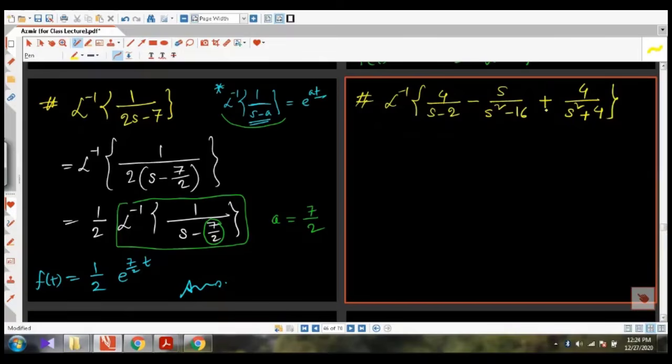Okay, let me make it complicated. So we have to solve or evaluate this inverse Laplace transformation.